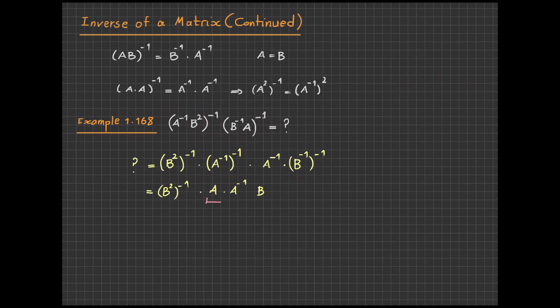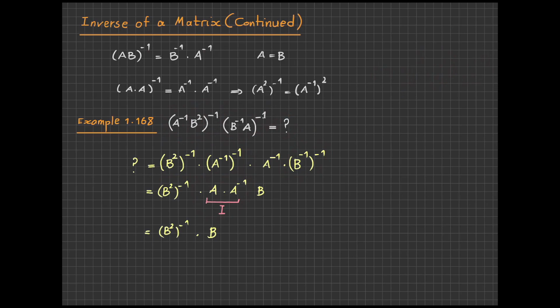It is the identity matrix. So when I multiply the identity matrix, I can just simply ignore that, and then what is left for me is b to the power of 2 to the power of minus 1 times b.